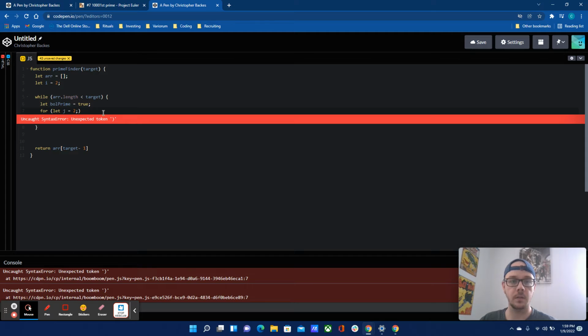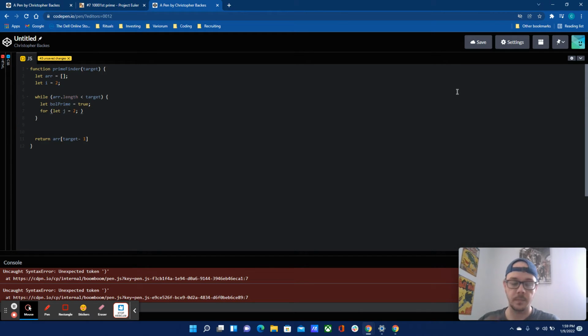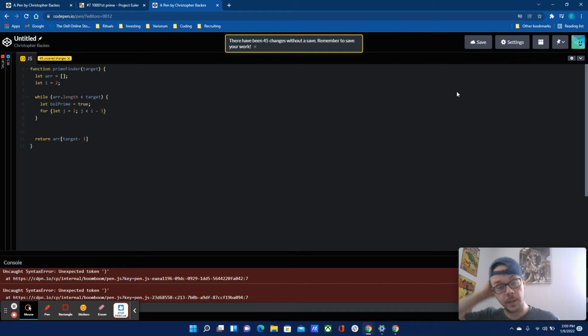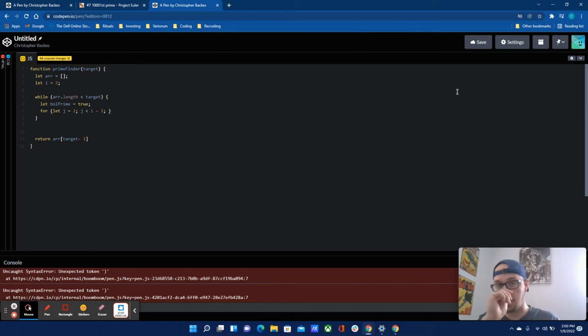Uncaught syntax error. Oh, it's telling me. Okay, well, j is less than i minus 1. Again, we don't want to check to see if a number is divisible by itself. That is useless information, and it would return a false negative.